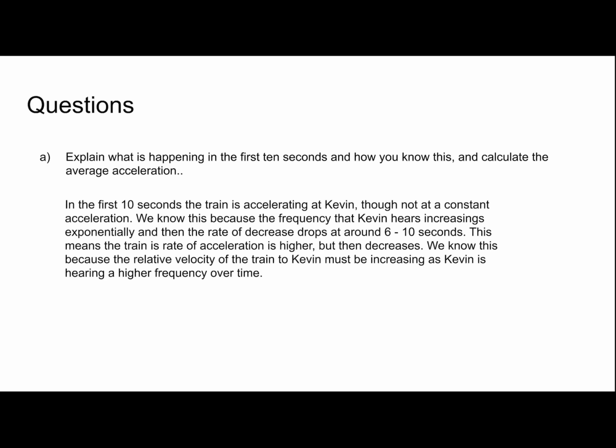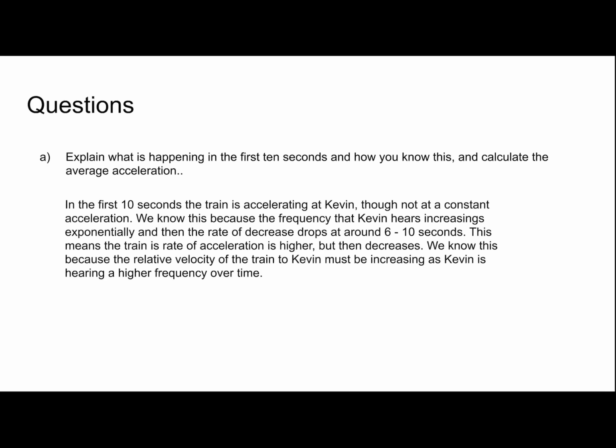We know that it's accelerating because when a source is moving towards an observer, the observed frequency will be higher, and the amount of the frequency increase is dependent on how fast the source is moving. So the faster the source is moving, the higher the observed frequency. In this case, our observed frequency increases, and we know that the train is moving towards Kevin.